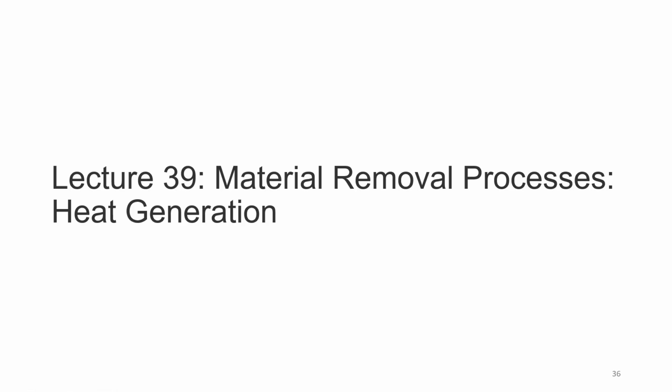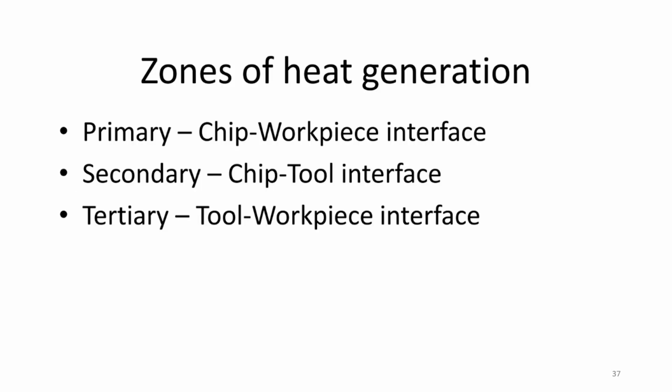Next chapter is heat generation. There are three zones for heat generation: primary zone, secondary zone and tertiary zone. In the primary zone, you have the chip workpiece interface. Secondary, you have the chip tool interface. Tertiary, you have the tool workpiece interface.